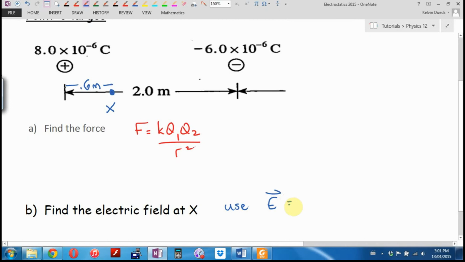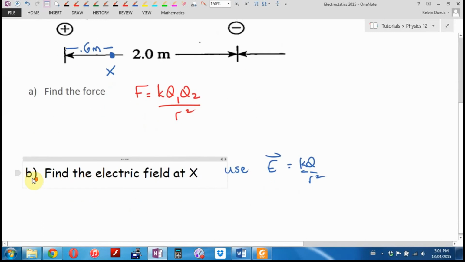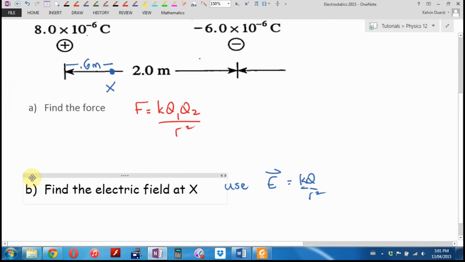What am I going to use for electric field? By the way, you may want your formula sheet out in front of you, because the biggest issue we found in this was using which equation when? K Q over R squared. So if I'm going to find the electric field at location X, it's going to be find the electric field from charge 1, magnitude and direction.